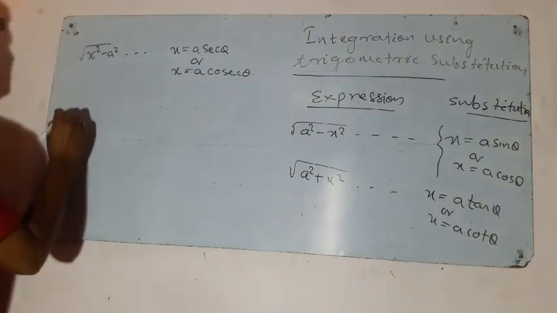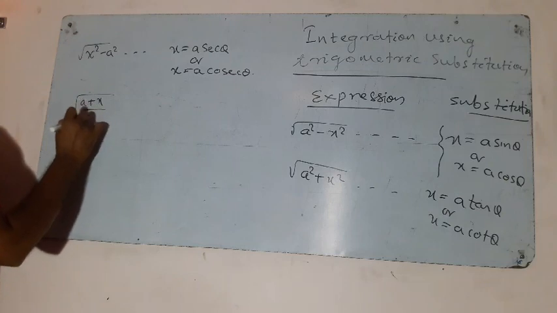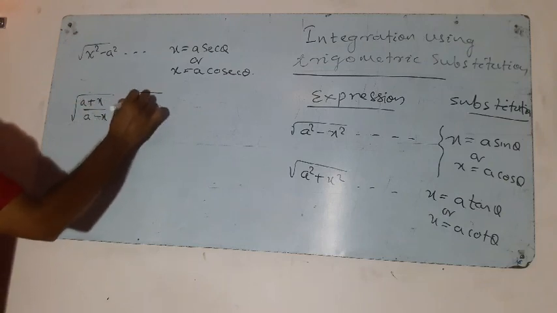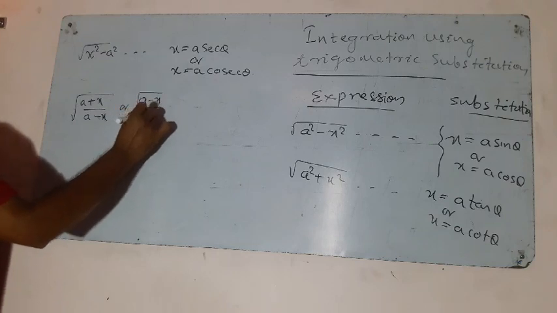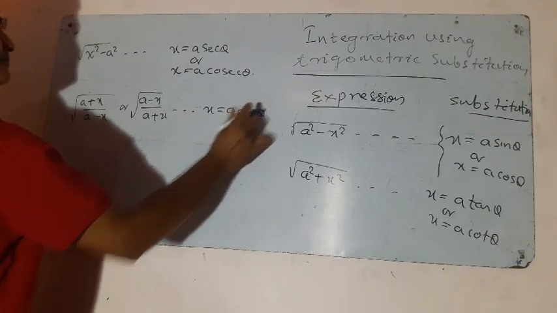Similarly, if we have root over of a plus x by a minus x or a minus x by a plus x, then x will be a cos theta.